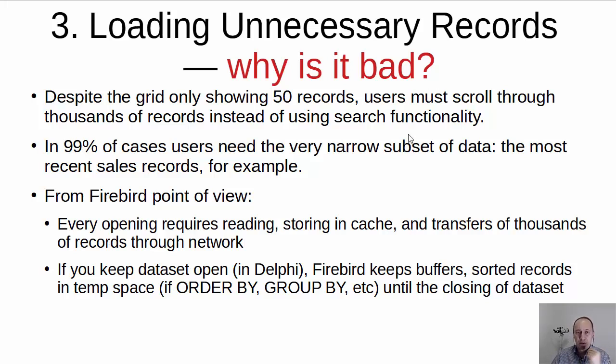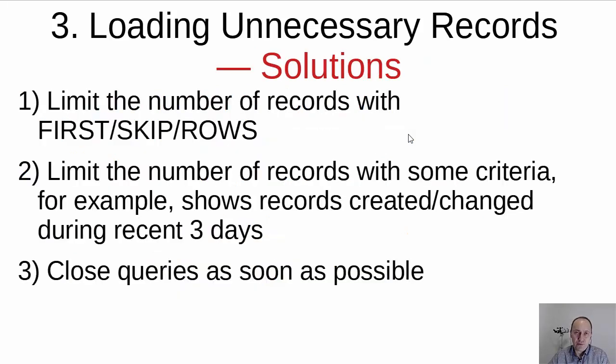So what can we do? First of all, the really easy thing, which is really popular in the world of web applications, is to limit records. In Firebird, there is FIRST, SKIP and ROWS, where you can put some reasonable numbers like first 50 records or 100 records, and it will greatly decrease the load for Firebird, memory usage, network load, and so on.